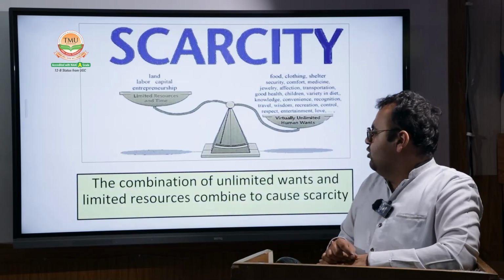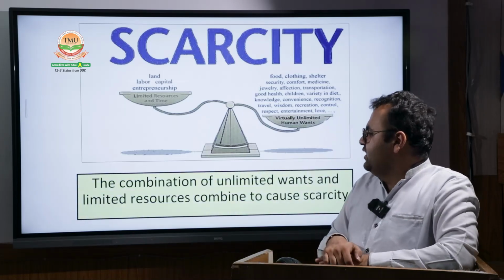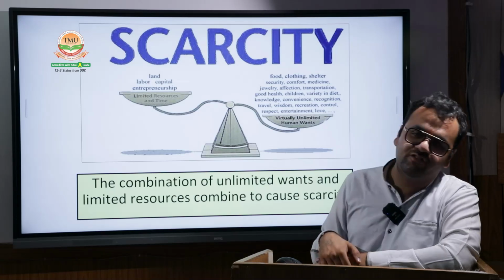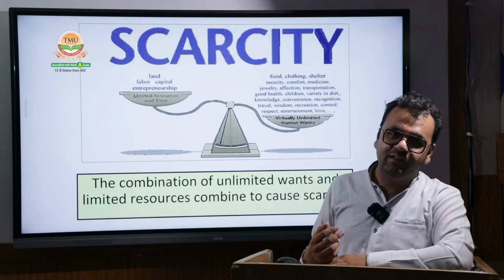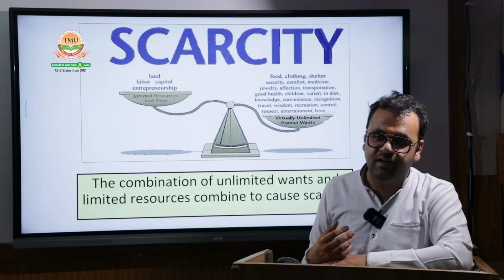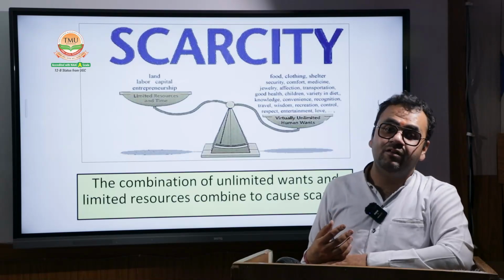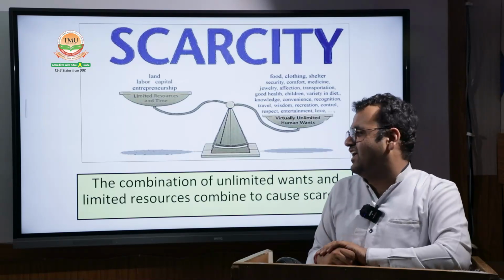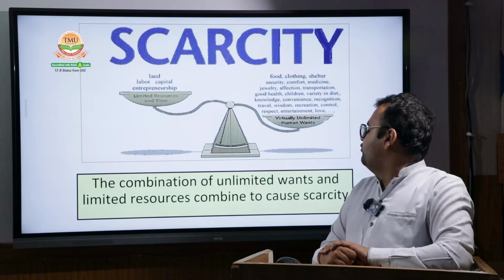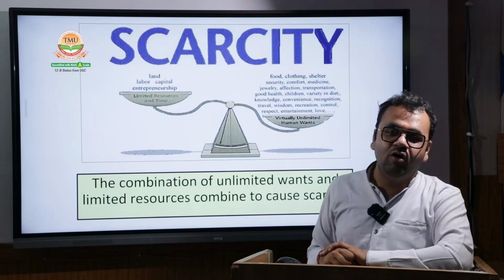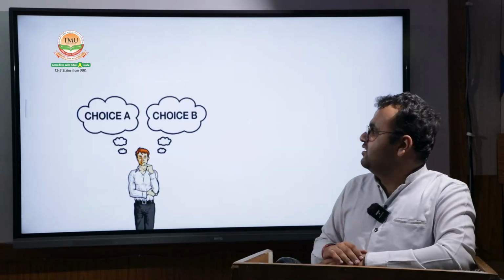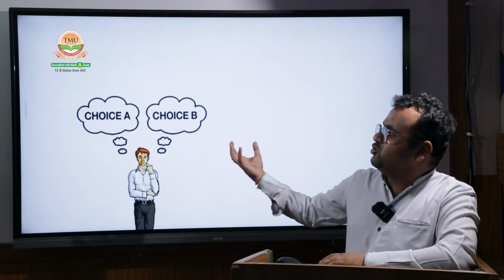The combination of unlimited wants and limited resources causes scarcity. According to economics, the definition founded by the big economists says that the combination of unlimited wants and limited resources combine to cause scarcity.